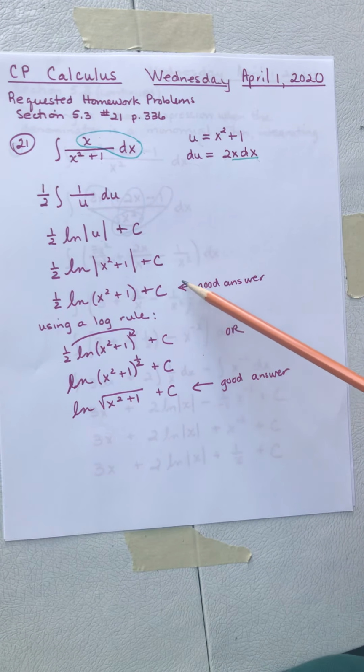And remember, the 1/2 power is the square root, so you could also write it as a natural log of the square root of x squared plus 1 plus c, which is what I think they did in the back of the book. But either this answer, or even this answer, or this answer, they're all good answers for me.